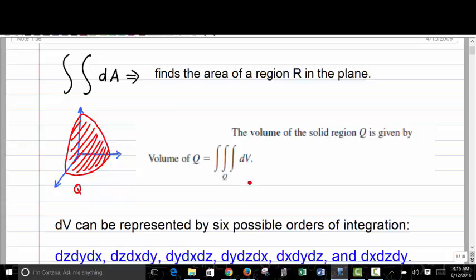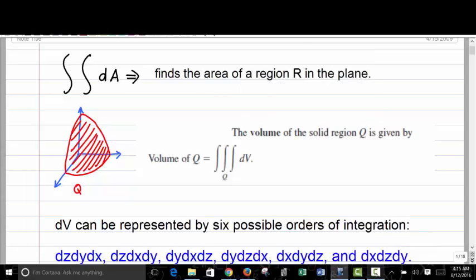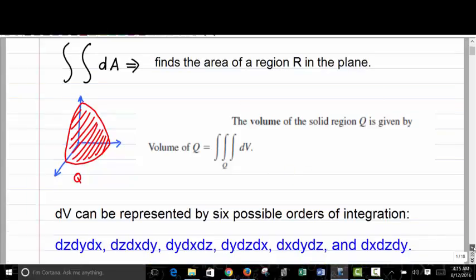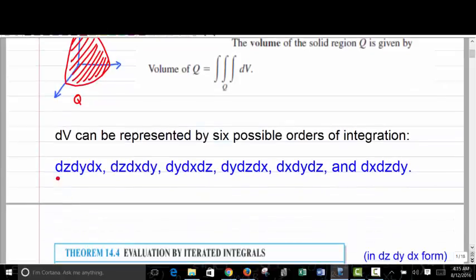Now in rectangular coordinates, we had either the possibility of dy dx or dx dy. Now we have the possibility of 6 orders of integration. And I won't read all these out.